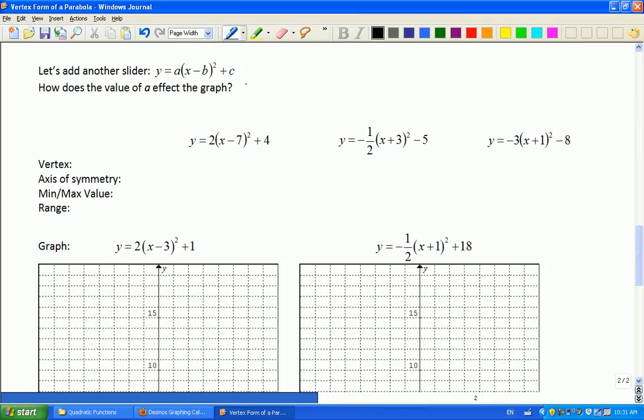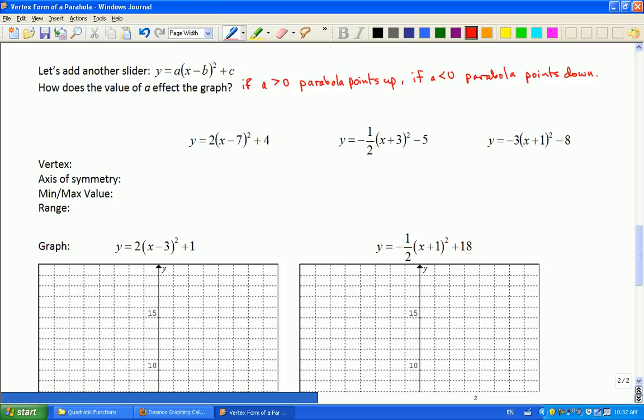So the first thing we've got to record here is if A is positive, then the parabola will be going up. Otherwise, if A is less than 0, it points down. All right.